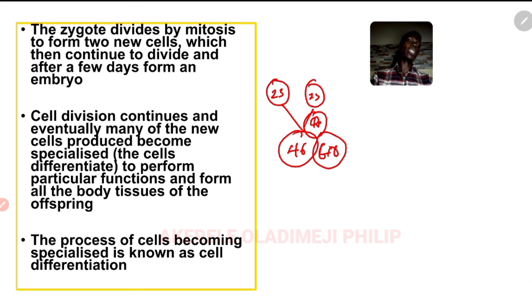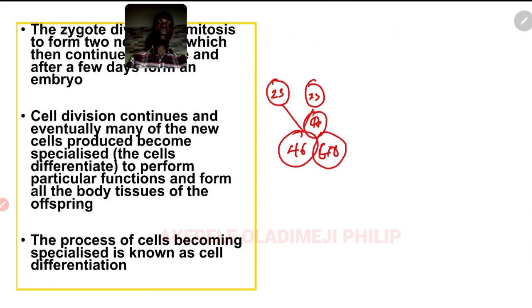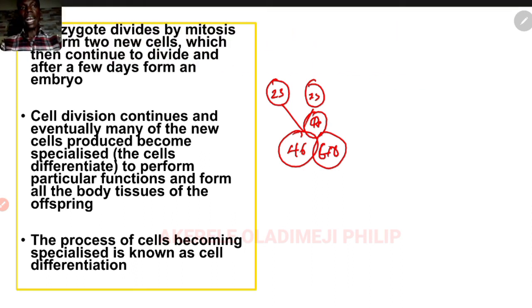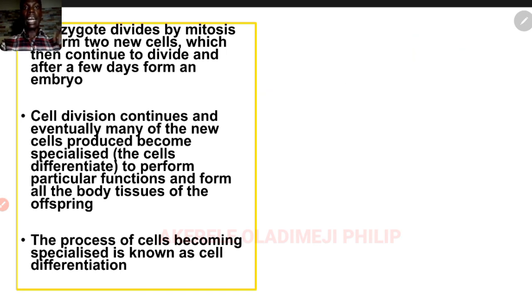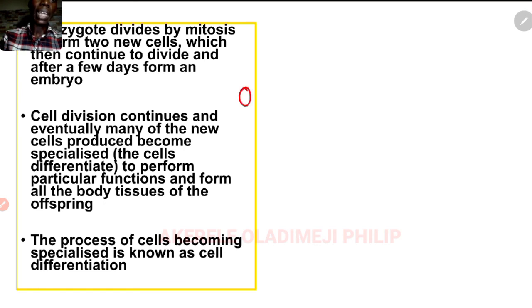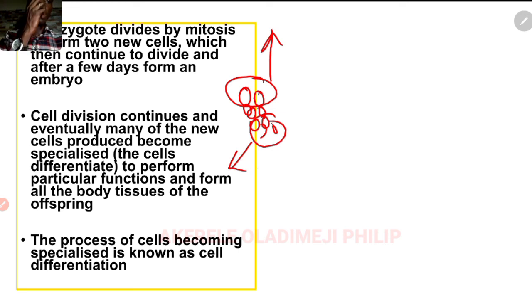So that means we are trying to talk about how we are formed to some extent. I mean, how things happen. So we are formed from the zygote. Since we formed the zygote, the next thing that happens is the cells keep dividing. Then imagine you have plenty of cells like this from the zygote, then it becomes the embryo. So some of the cells will decide to become, let's say, muscle cells. Some will decide to become, let's say, skeletal cells.